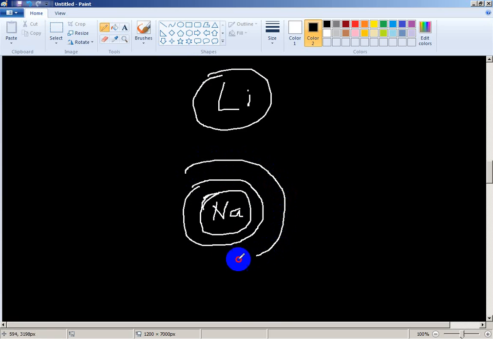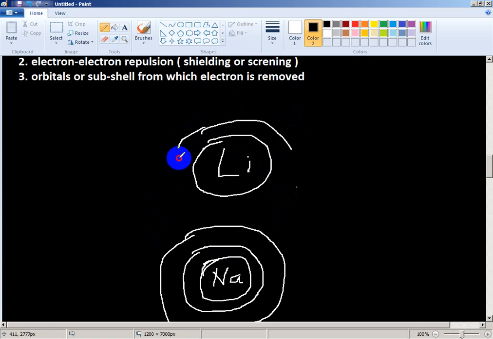Lithium has 3, sodium has 11. Both are group 1 elements. Lithium has 3 electrons.